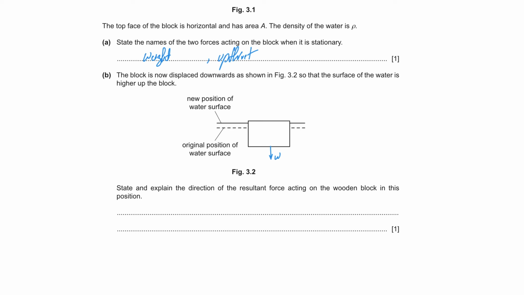Hence, there's an upward resultant force because the upthrust is greater than the weight.